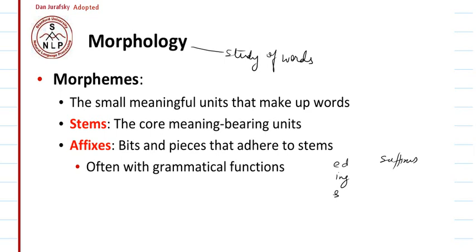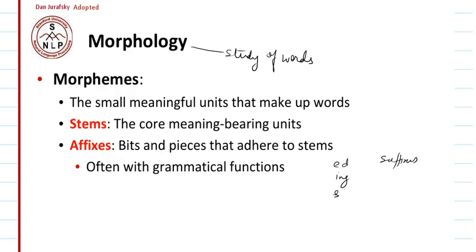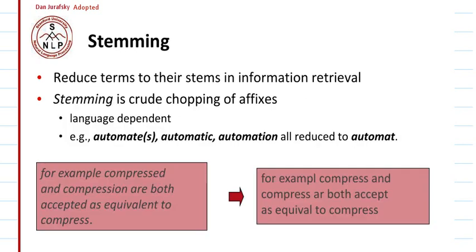Okay. So in morphology we study what the stems and affixes are, and then we also study stemming. Stemming is another term that is quite similar to lemmatization, but lemmatization takes everything into consideration, whereas stemming does not take all things into consideration, but depends upon the task we have to perform.